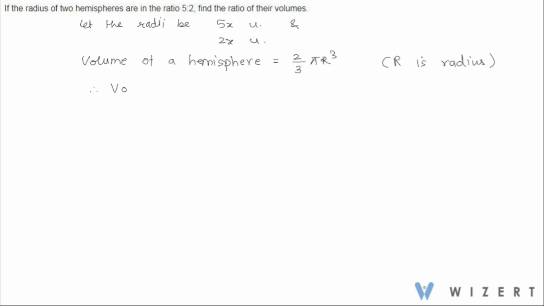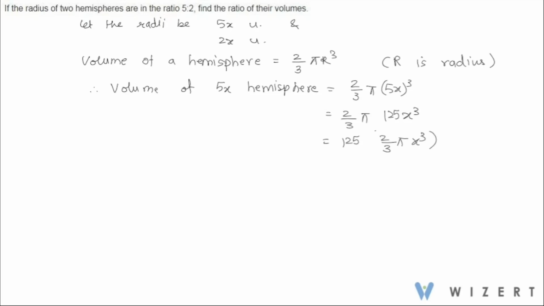Therefore, volume of 5x hemisphere will be 2 by 3 pi (5x) cube, equal to 2 by 3 pi 125x cube, which is equal to 125 multiplied by 2 by 3 pi x cube cubic units.